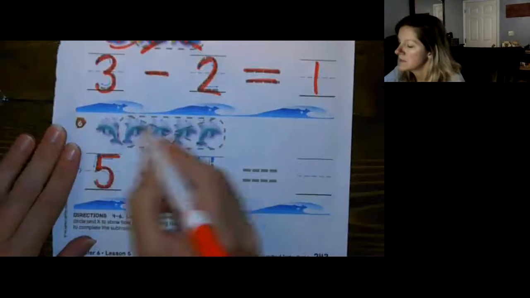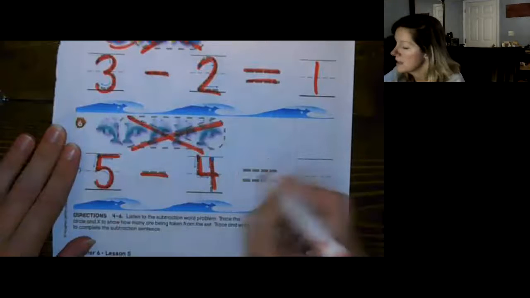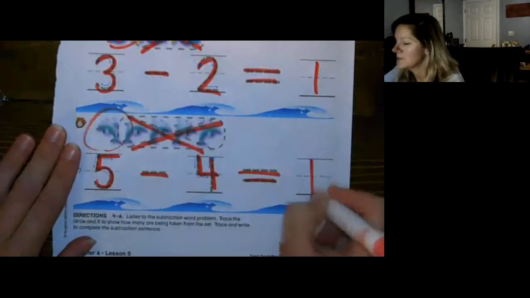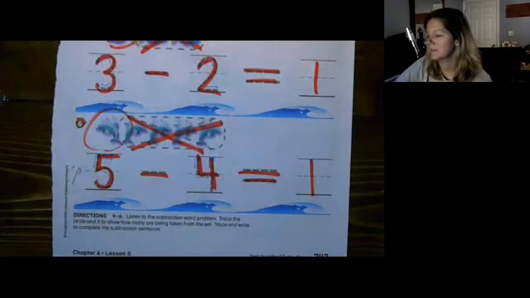How many dolphins are we taking away? 4. And how many are left? 1. Very good. So read that one. 5 minus 4 equals 1. We are not going to do that back page today.